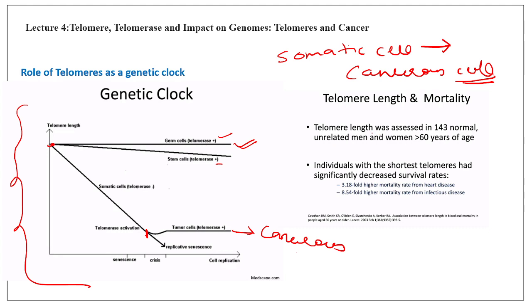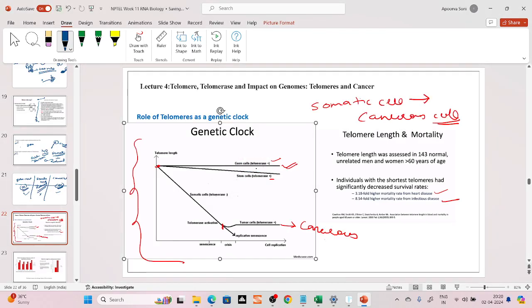That telomere length was assessed in 143 normal unrelated men and women, and individuals with shortest telomeres had significantly decreased survival rates and higher mortality due to heart diseases, due to infectious diseases and all that. That means if your telomeres are short, your survival rate is also very less. So lesser the length of the telomeres, lesser is your survival rate.